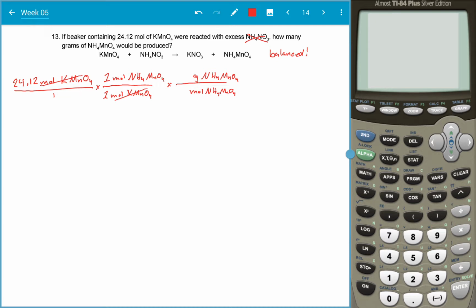Whenever we switch from moles to grams, we're going to be using the periodic table. So I have 1 nitrogen, 4 hydrogens, 1 manganese, and 4 oxygens.